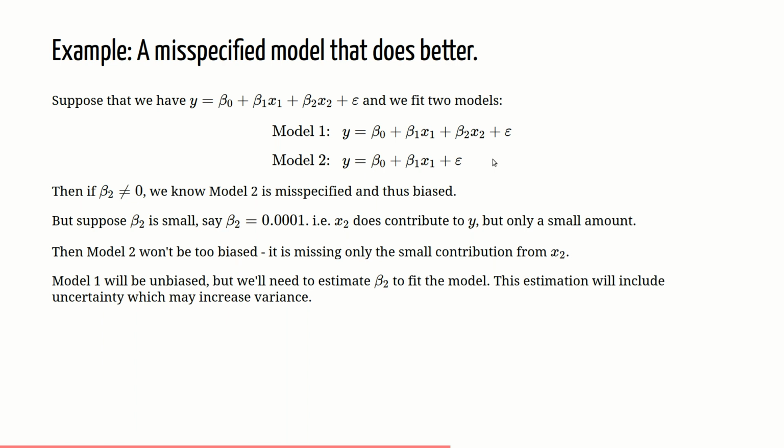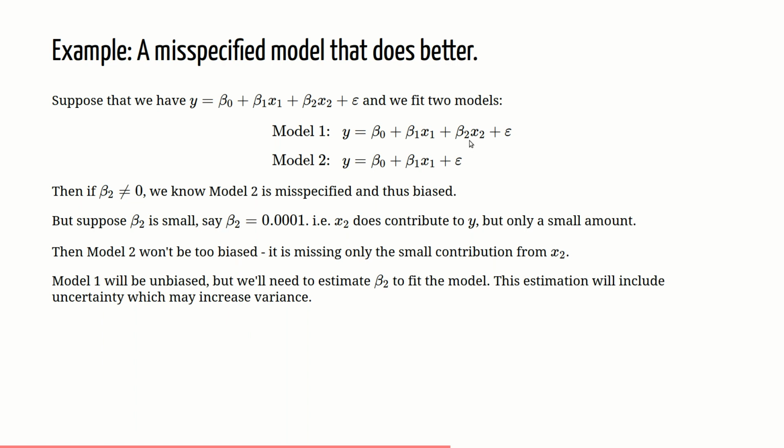But there's a case where perhaps x2 has an effect, but it might be small. Then if the effect of x2 is present but small, then model 2 is only missing that small effect. And maybe that's not too bad. So model 1 will be unbiased, but because the effect of x2 might be small, then we have the extra burden of estimating the additional coefficient beta 2, which we then know is going to be a small number, but may have quite a bit of uncertainty associated with it.